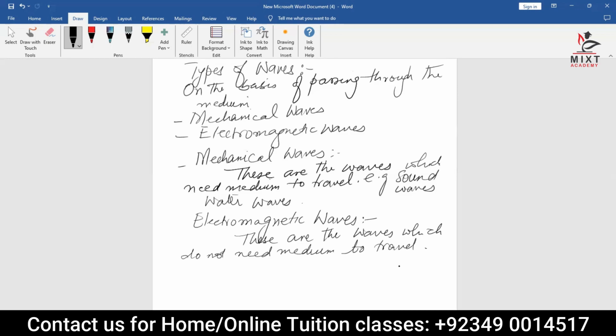These are special type of waves which actually do not require medium. Can anybody give me example for these electromagnetic waves? The best example we will have it for this one is a light wave. Light waves are electromagnetic waves, or sometimes we call it electromagnetic radiations.